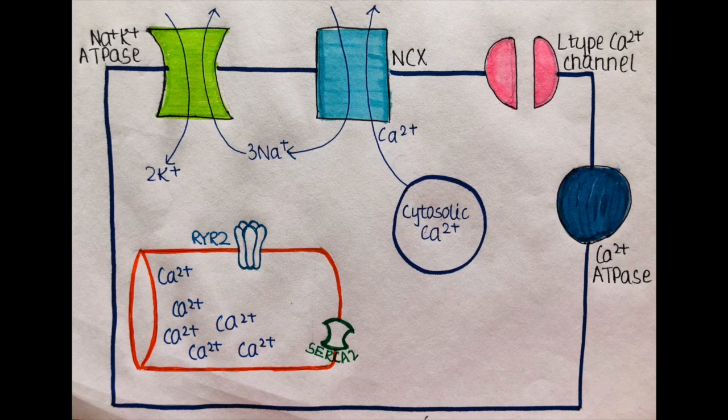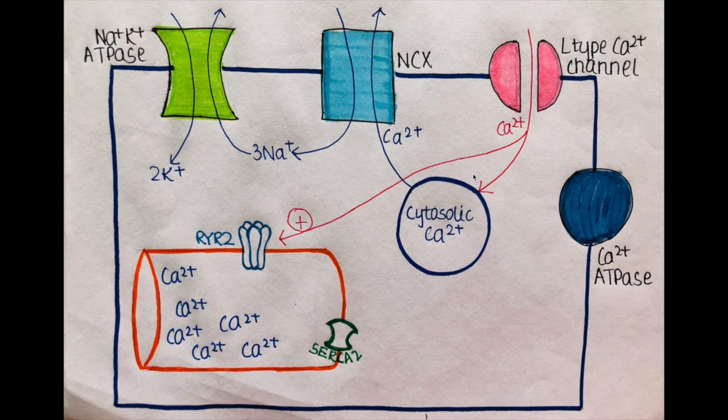Now let's learn how a cardiac myocyte undergoes contraction. As we know, these channels will be working in their normal ways, that is sodium potassium ATPase and sodium calcium exchanger. Now, what happens is that calcium enters during the depolarization phase through the L channels inside the cell, and some calcium which enters contributes to the cytosolic calcium pool, whereas some calcium goes and triggers the ryanodine receptor calcium channels present on the sarcoplasmic reticulum to cause release of calcium from the sarcoplasmic reticulum to the cytosol.